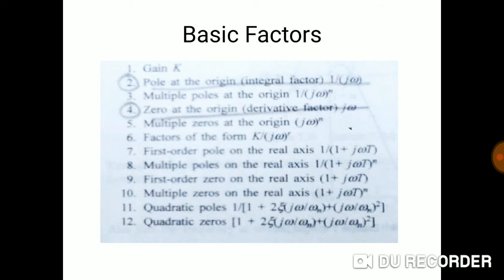So these many factors are present in the transfer function. For each factor there is one magnitude formula and one angle formula. If we consider that, it will be very easy to draw the Bode plot.